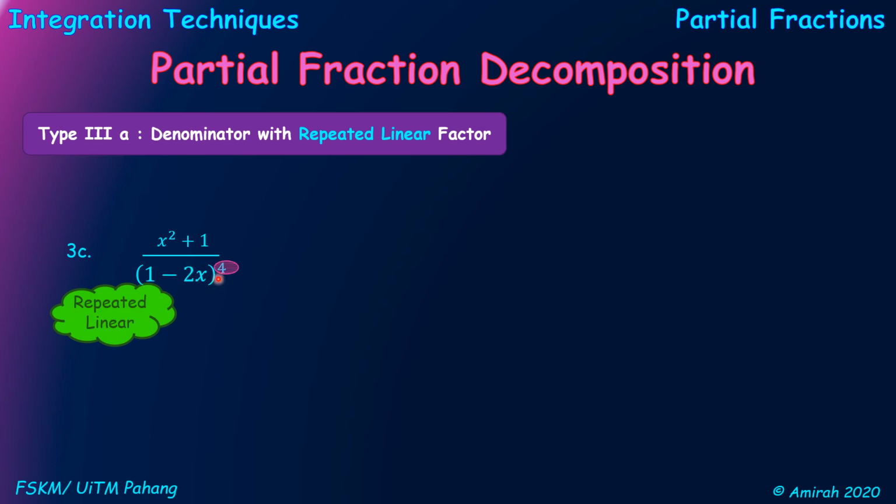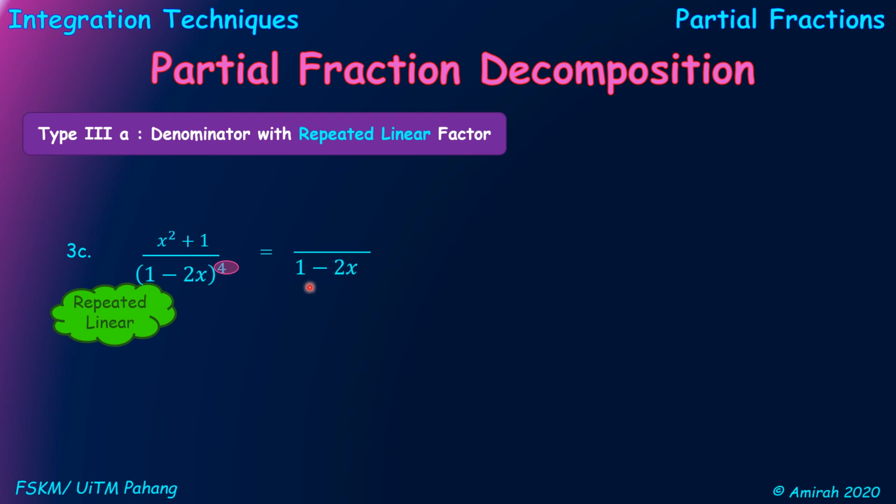Okay, from bracket to the power of 4 here, this is a repeated linear factor because the bracket is linear. Then we can write it as 4 partial fractions.